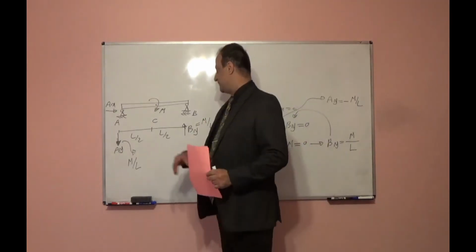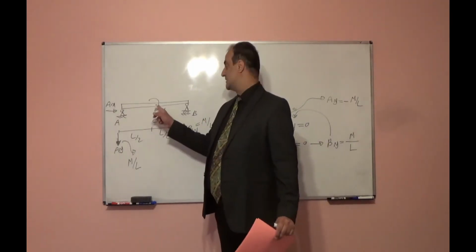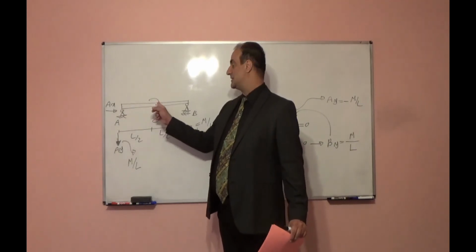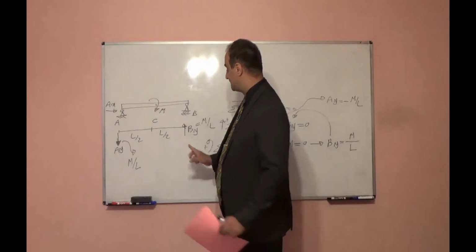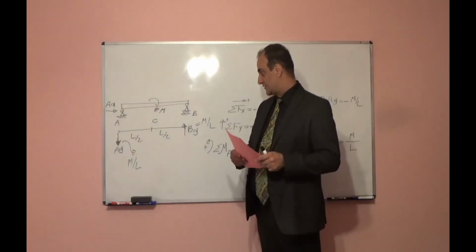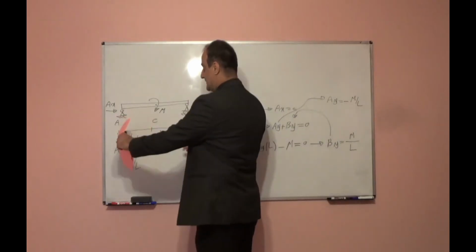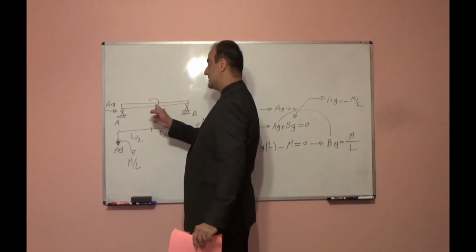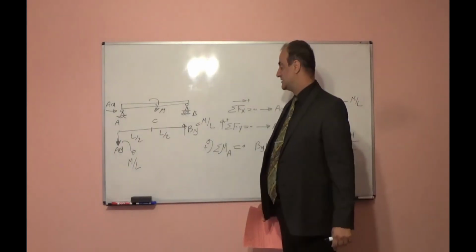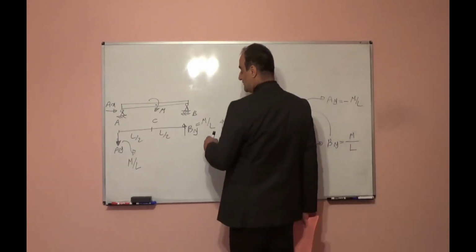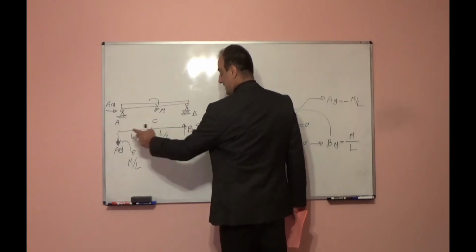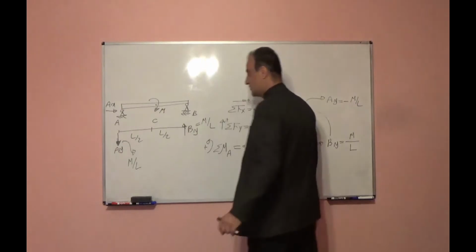You see, the action force wants to rotate this beam with respect to the center clockwise. The reaction produces a couple force, and this couple force will create moment with respect to the centroid counterclockwise. So they will cancel out each other, and the magnitude will be M over L times L over 2 plus M over L times L over 2.